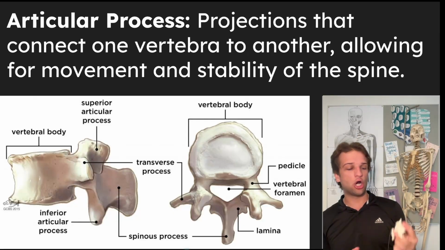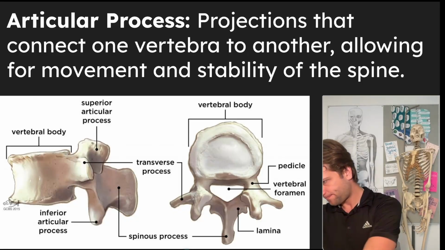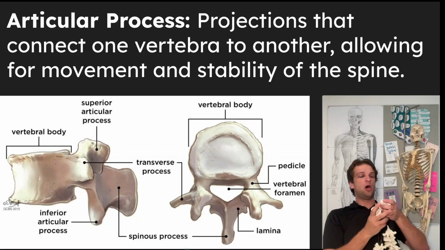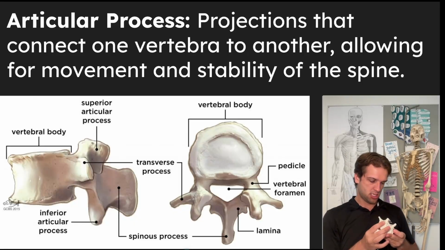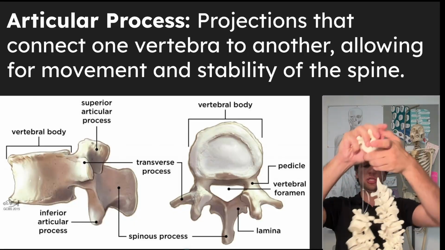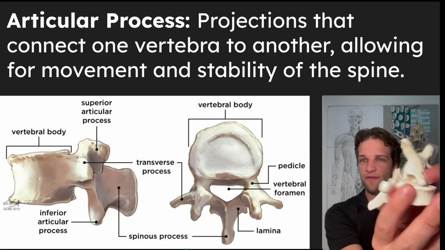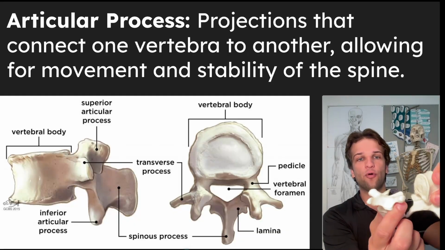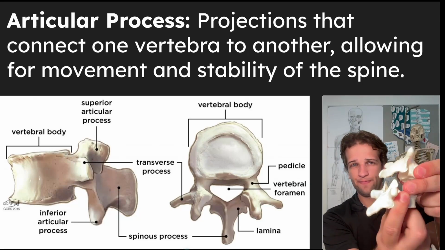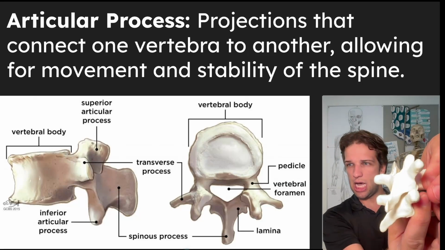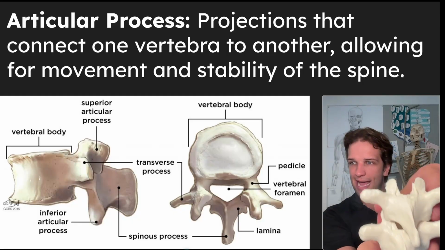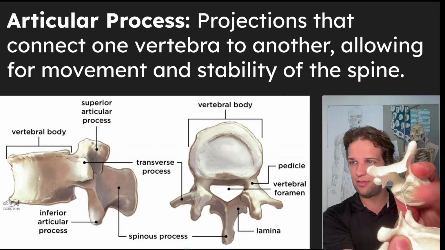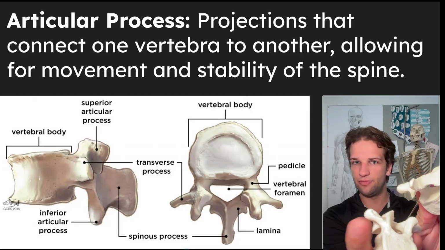And then we have our articular processes. Articular processes are a little bit tougher because there are two of them on almost every vertebrae. And what these are, let's take two of these for example, right? We have two vertebrae right here. Now, for these two vertebrae to fit into each other, one has to slot into the other. Now, if we look at this bottom one, see how it has these like teeth sticking up? These two.